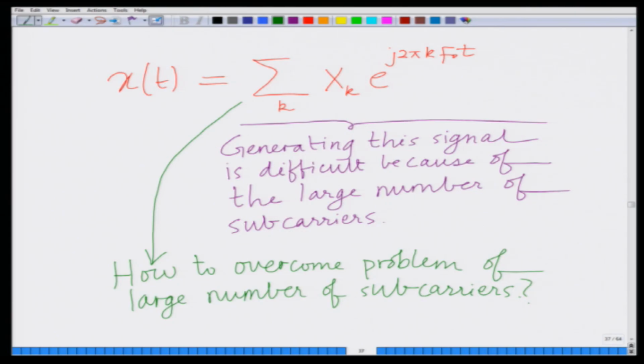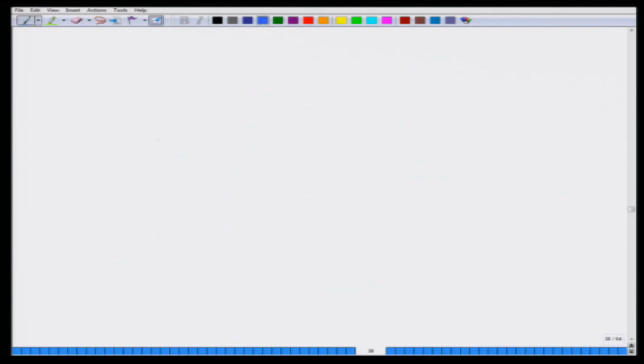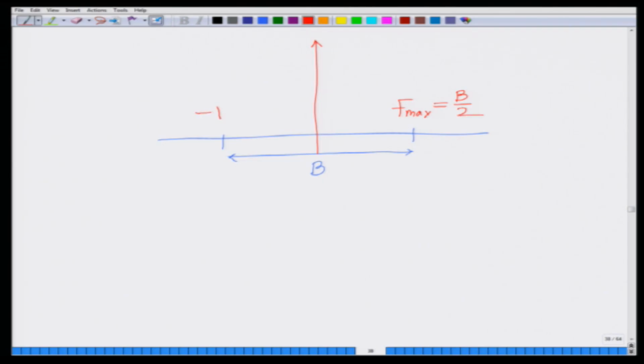So, how does one overcome this problem of this large number of subcarriers, and that can be explained as follows. For instance, let us go back to our initial system. In our initial system, we said that the total bandwidth of the signal is B. We said that the initial system has a bandwidth of B, which means my maximum frequency f max equals B by 2.